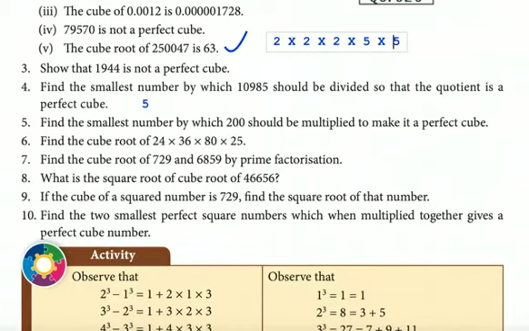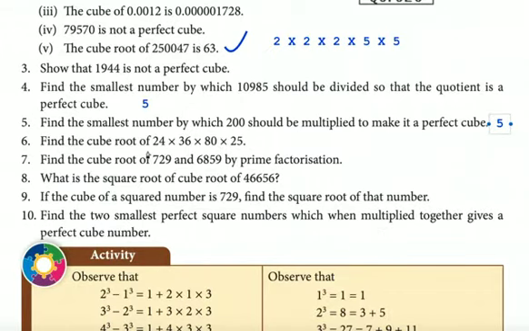This is 200. You can check: 10, 10, 2. Yes, this is 200. If you want to make it a perfect cube, multiply it with 5. Yes, 5 is the answer.